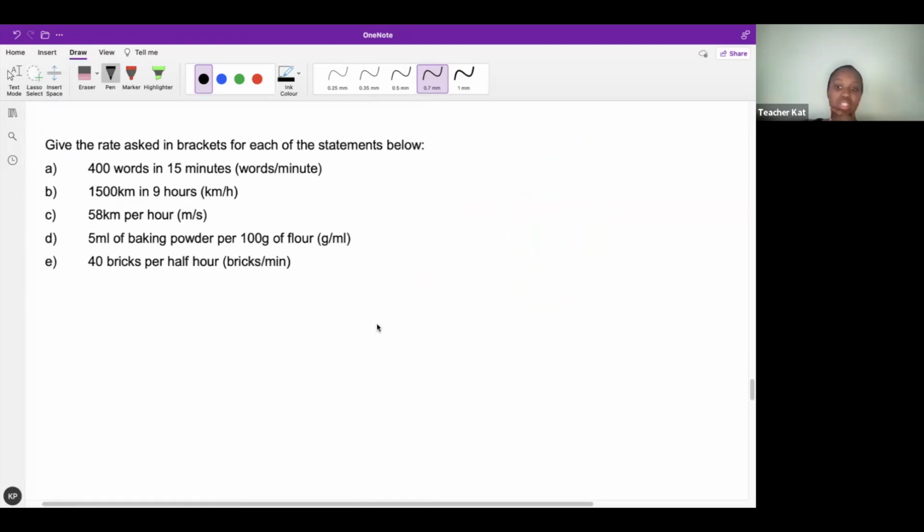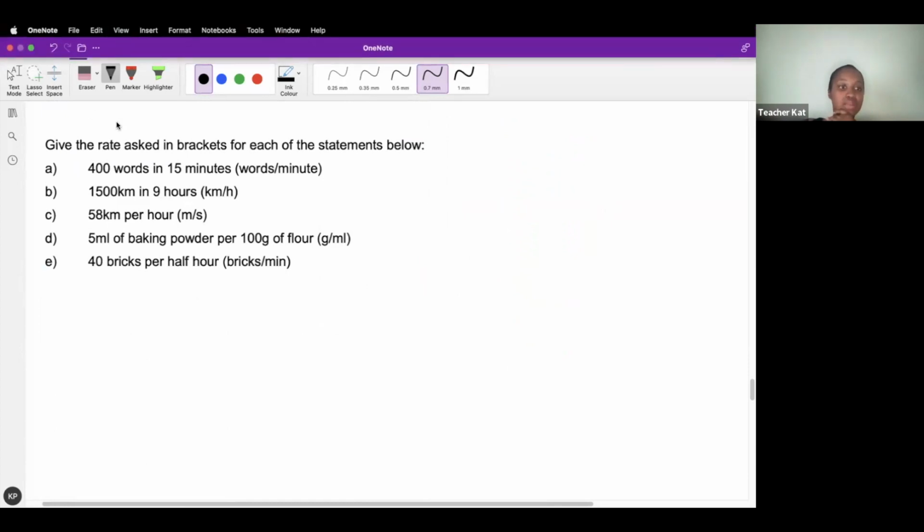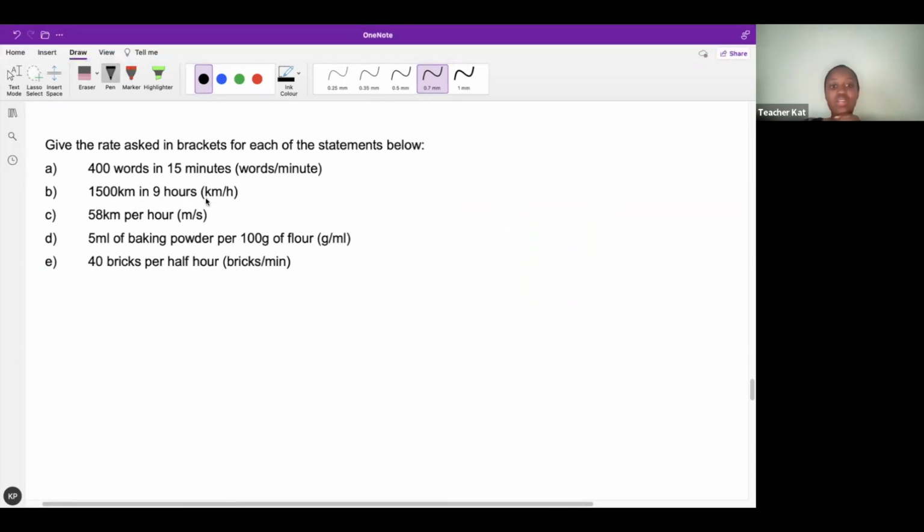Let's practice writing our rates. Give the rate asked in brackets for each of the statements below. 400 words in 15 minutes. I want to know what is my rate in words per minute. So if I have 400 words in 15 minutes, what am I going to divide by?